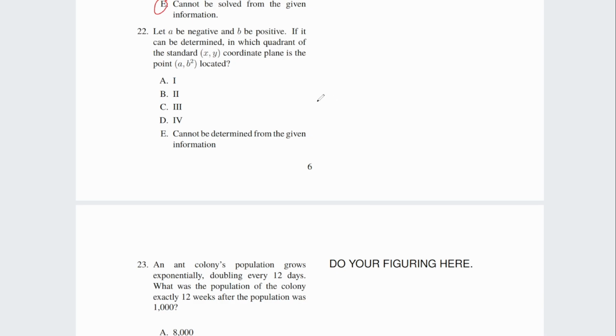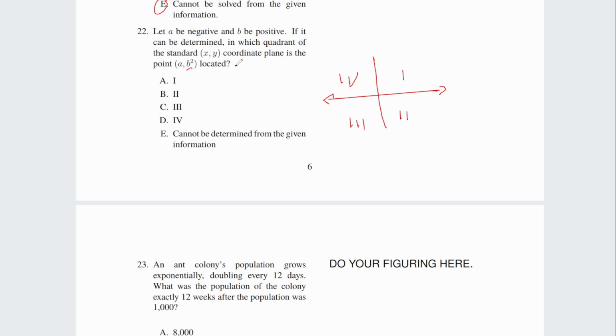So if we remember where our quadrants are, just quickly, we have 1, we have 2, we have 3, and we have 4. If a is negative, then we're over here, in quadrant 3 or quadrant 4.